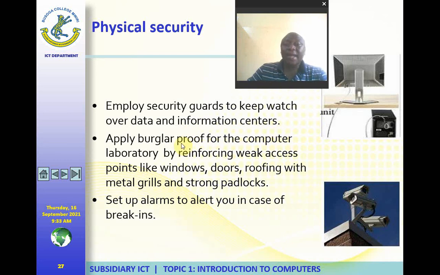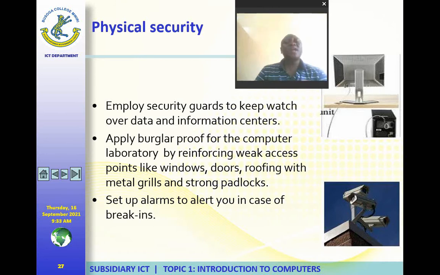Apply burglar proof for the computer laboratory by reinforcing weak access points. What are these weak access points? The windows, the doors, roofing with metal grills and strong padlocks.